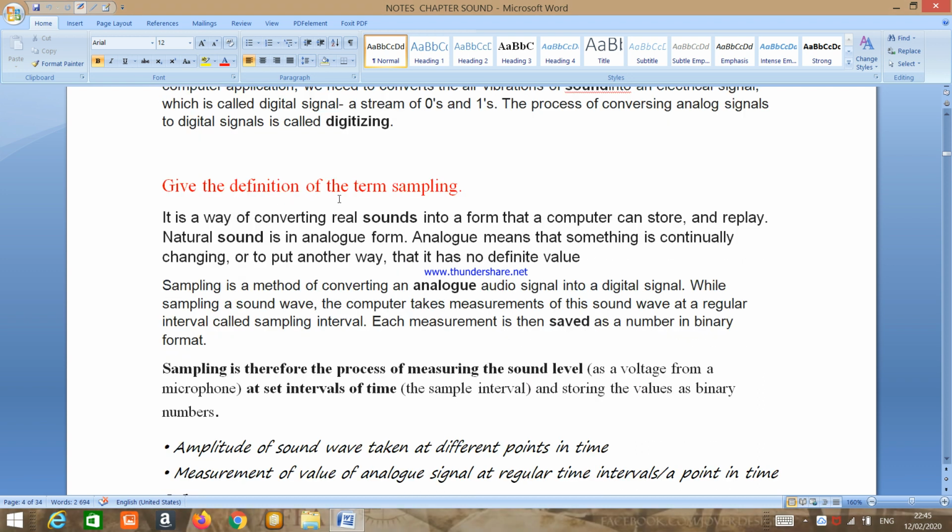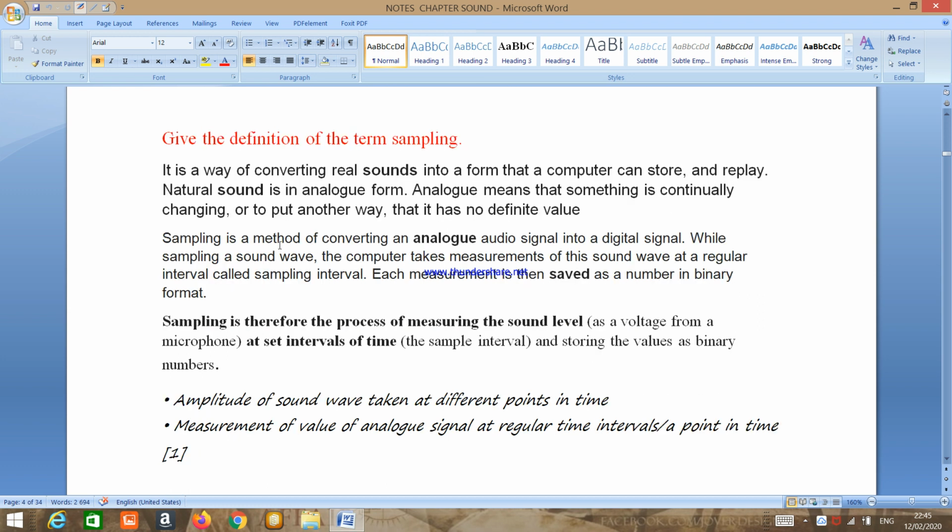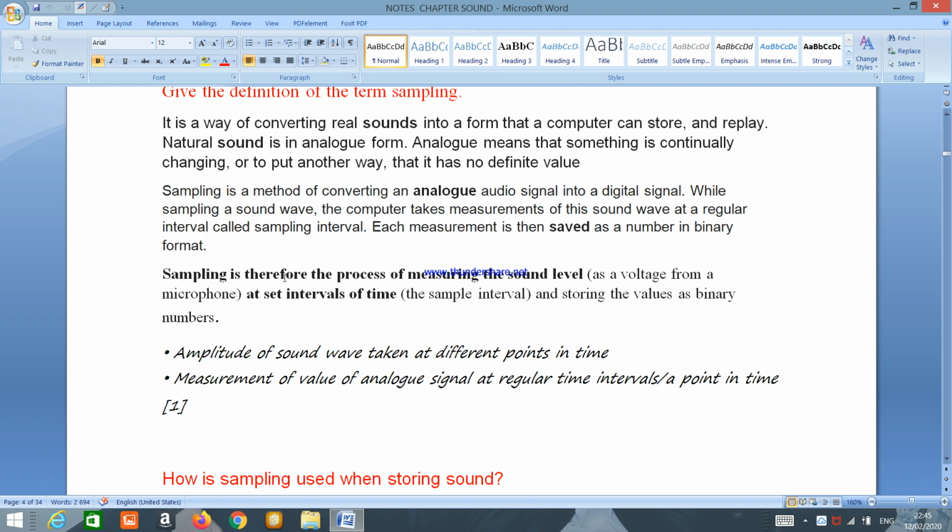Give the definition of sampling. What is sampling? Sampling is a method of converting analog signal into digital. Samples are taken at regular time interval. This is called sample frequency. Sampling therefore is a process of measuring the sound level at a set interval of time.